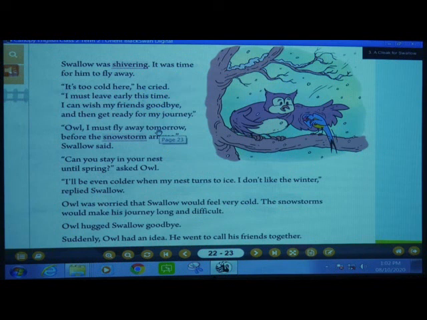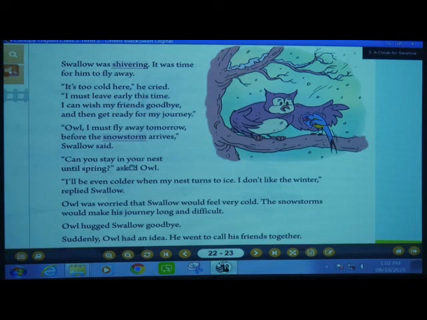I must fly away tomorrow before the snowstorm. Snowstorm means what? A storm where it does not rain but snows heavily. Okay? Where there is no rain, only the snow will blow very fast. The wind will be very fast. So before the snowstorm arrives, swallow has to leave that place and fly away.